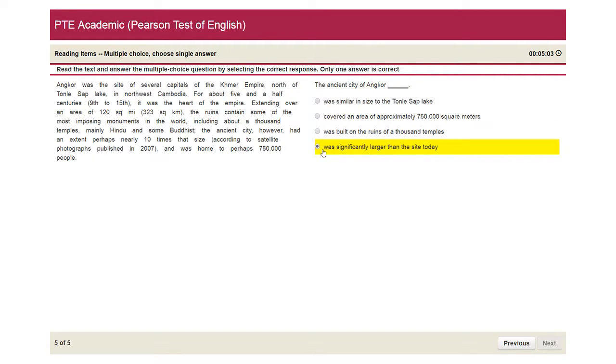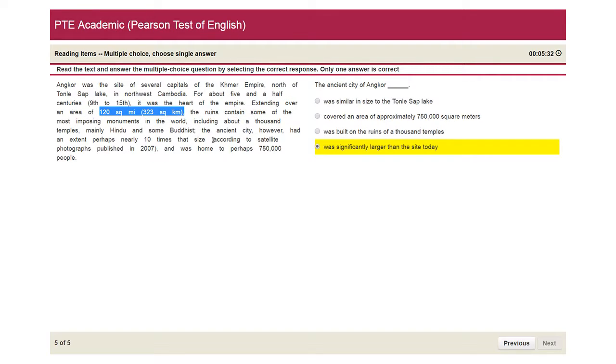Let's look at the last option: was significantly larger than the site today. We found the size about here, on the ancient city. However, it is trying to find an opposite meaning to the sentence. However, it had an extent perhaps nearly 10 times that size. That size is referring to this one.